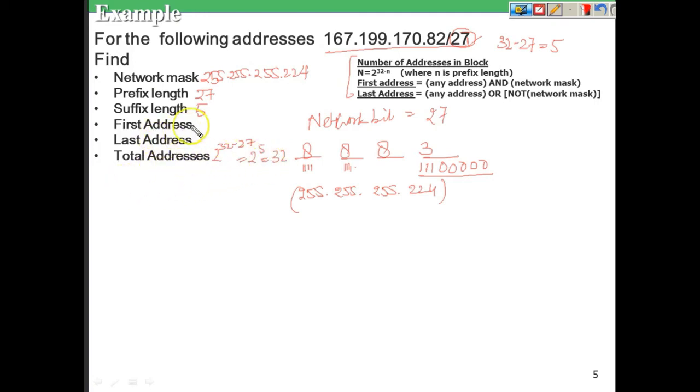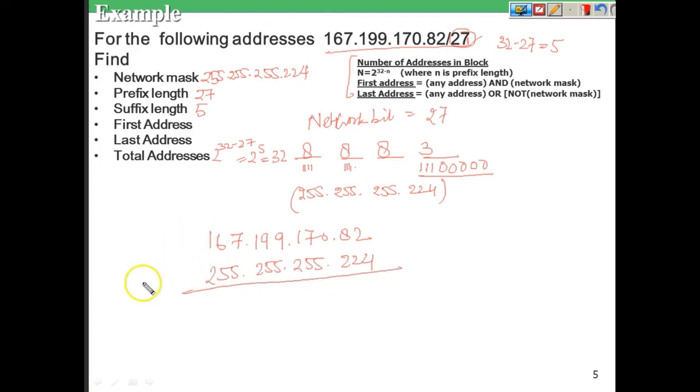Now we need to find the first address. The first address you can find using this formula. Here this is one address given to us, 167.199.170.82, and we need to use the mask. So what is the mask? The mask is 255.255.255.224.